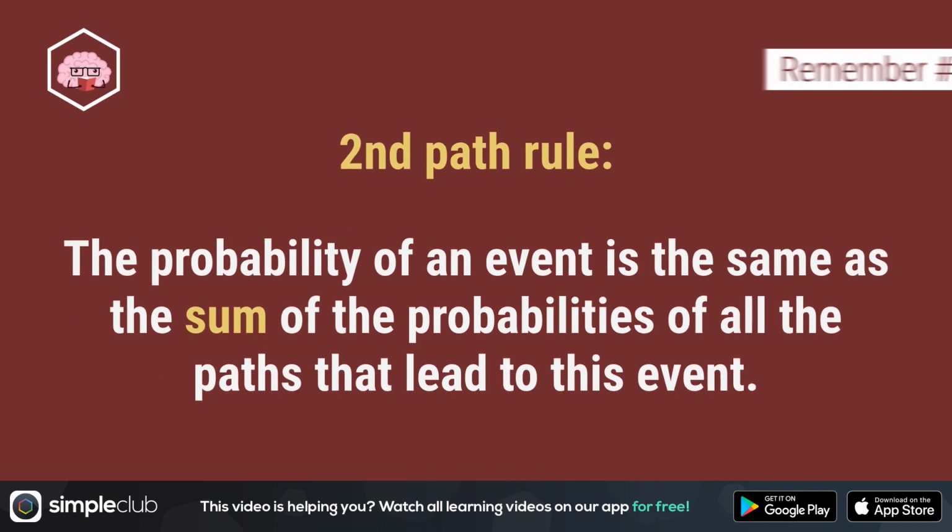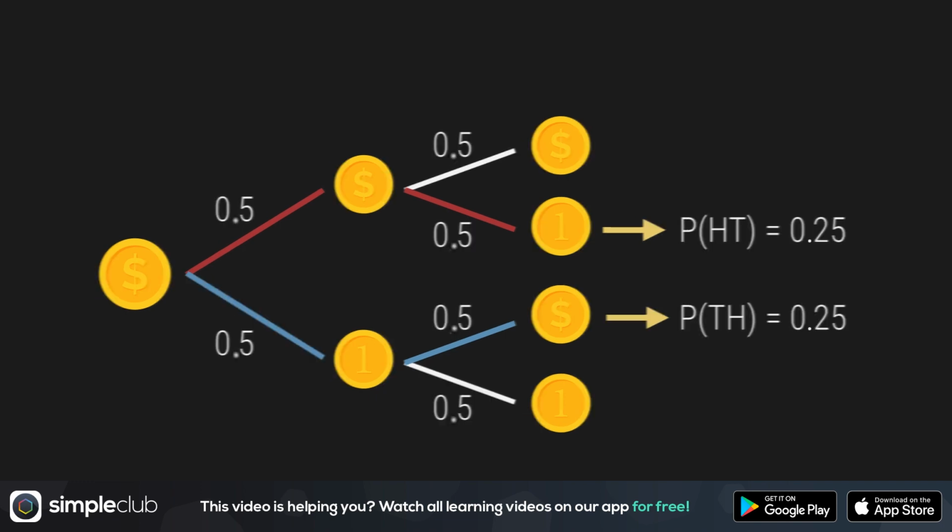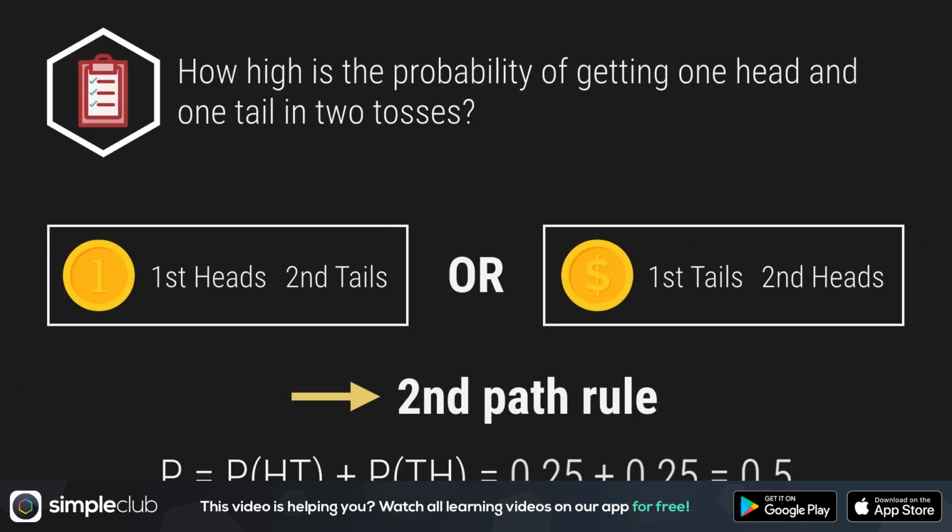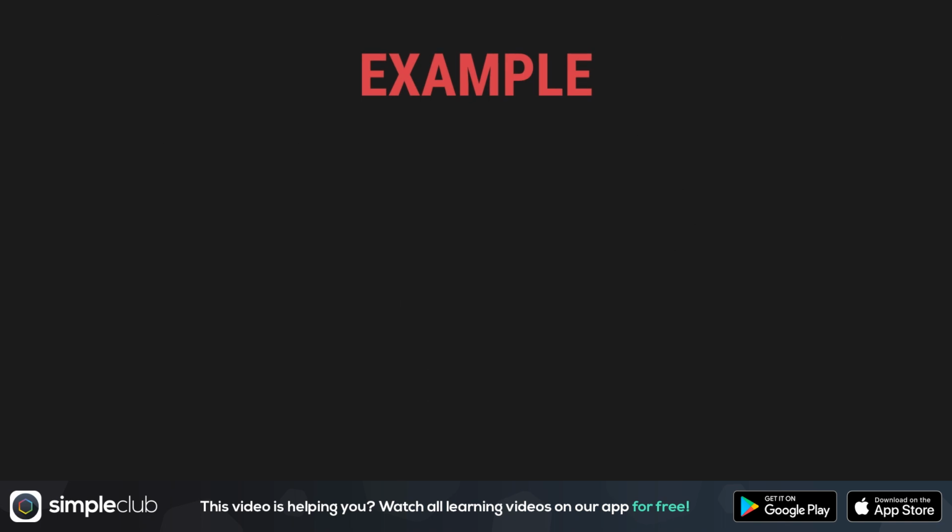Now for the second path rule. The probability of an event is the same as the sum of the probabilities of all paths that lead to this event. So that means we add up our 2 probabilities of 0.25 each, which gives us a total probability of 0.5.